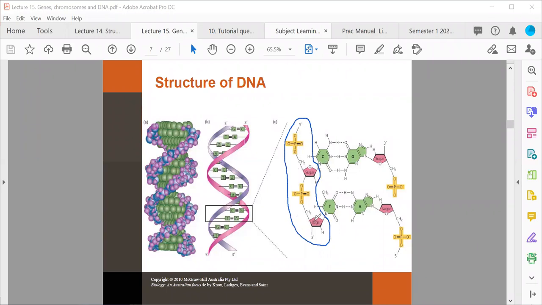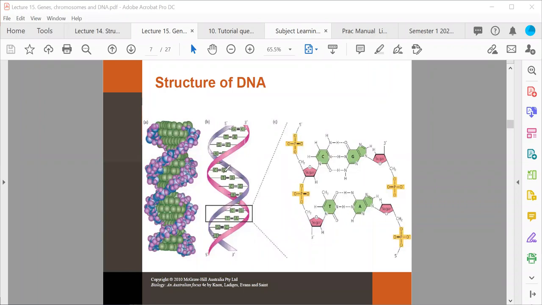So that's referred to as the sugar phosphate backbone, and that's what we're seeing here within the ribbon. The same thing for the other strand of DNA, which of course is 3' here and 5' here, because they are said to be anti-parallel.